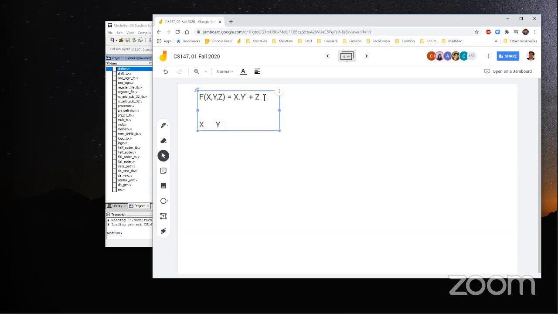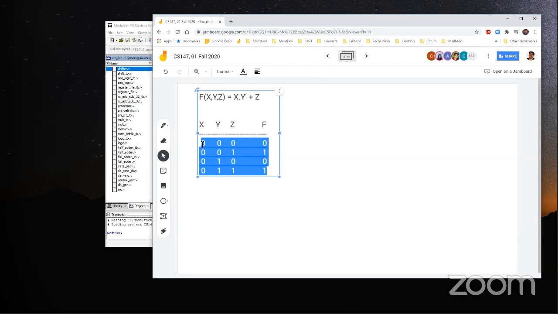So x, y, z, and f. 0, 0, 0 is 0, 0, 0, 1 is 1 in this case, then 0, 1, 0 is 0, 0, 1, 1 is 1.